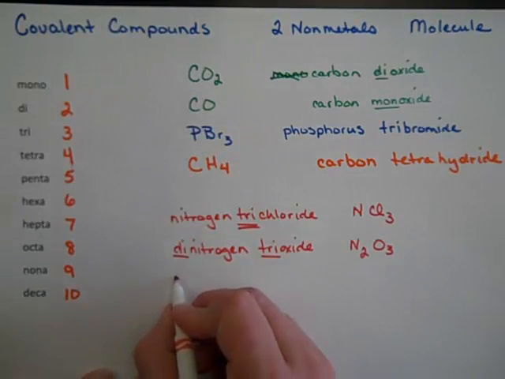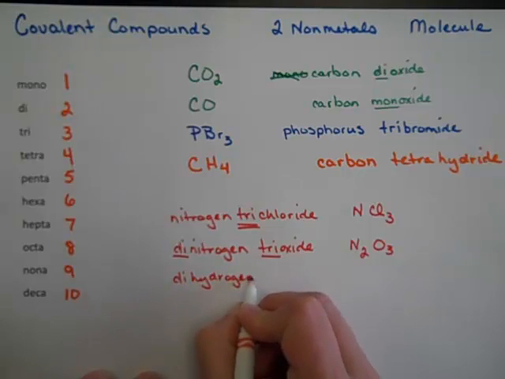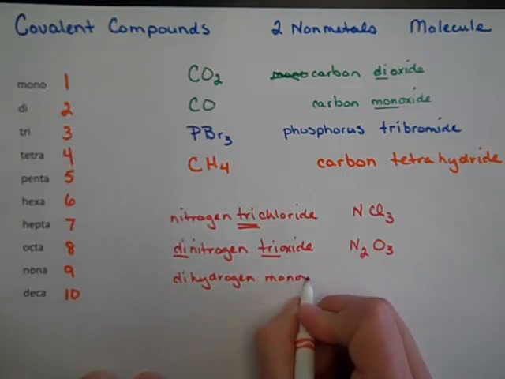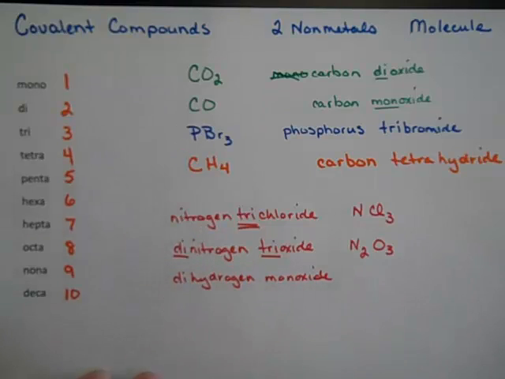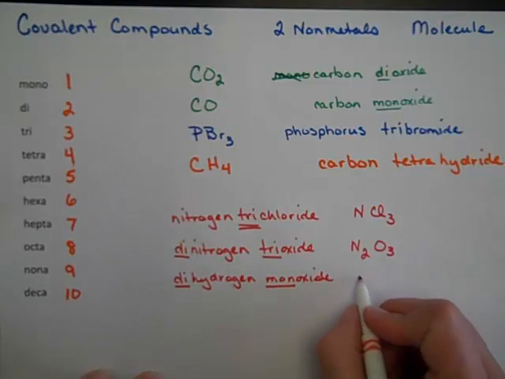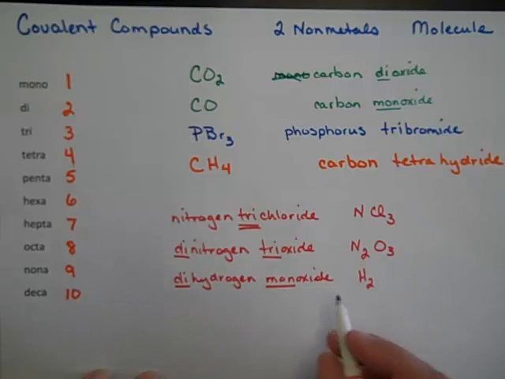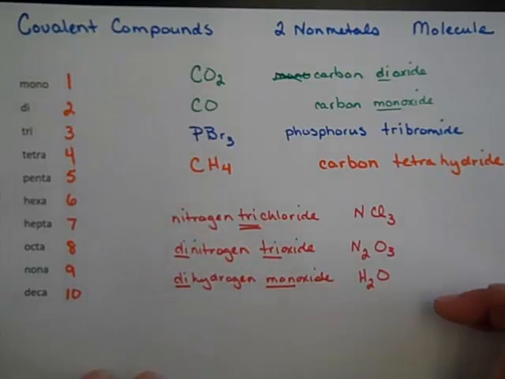What about dihydrogen monoxide? Okay. Again, we see prefixes. So as we're going along, there's some prefixes there. We have hydrogen, which is 2. And we have oxygen, which is 1. So we have H2O. So a lot of these are going to have very common names.